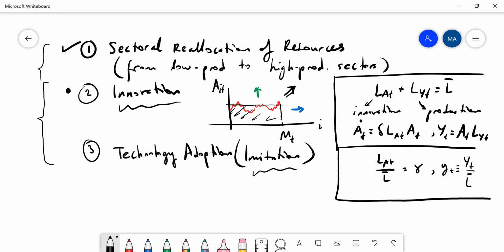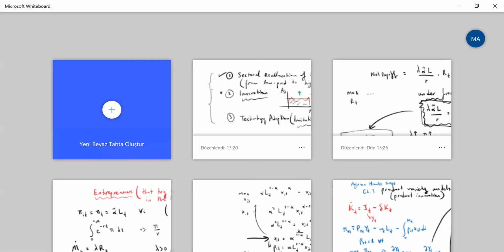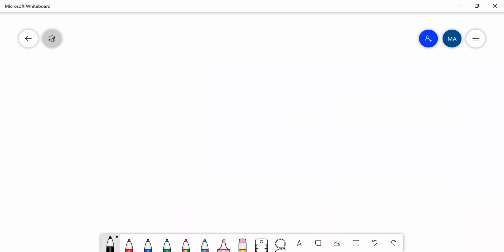Okay, so let's look at slightly more complicated models of innovation. Here what I will show you is this. Suppose that in this economy, there are three sectors.